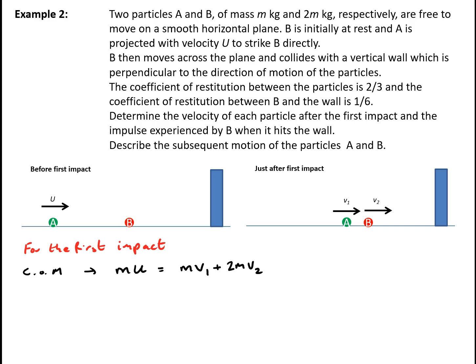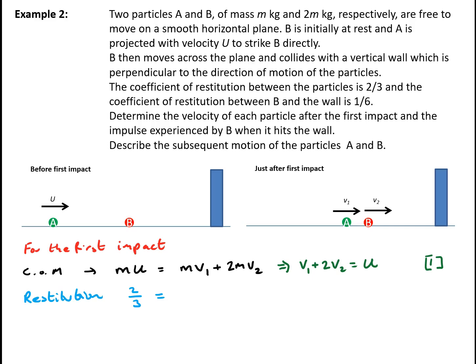So we've got u must equal v1 plus 2v2. So there's our first equation. If we now apply the coefficient of restitution, then we've got 2/3 is the coefficient of restitution, which is the ratio of the speed of separation to the speed of approach.